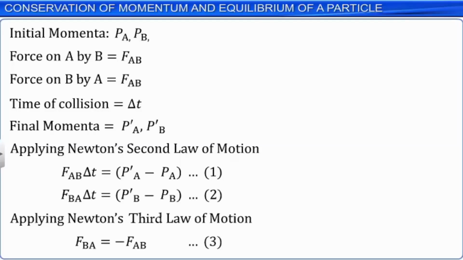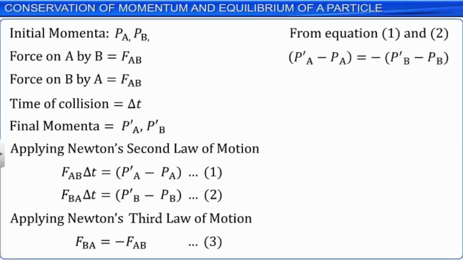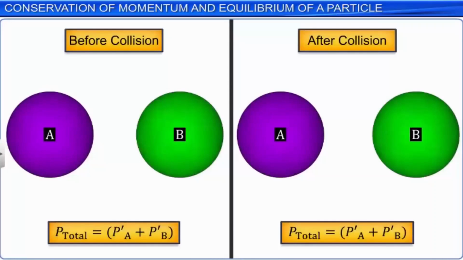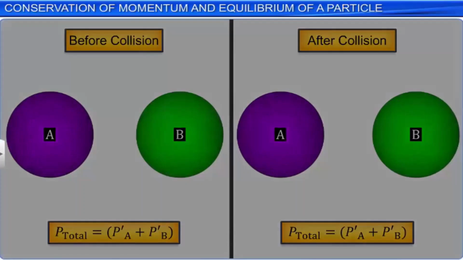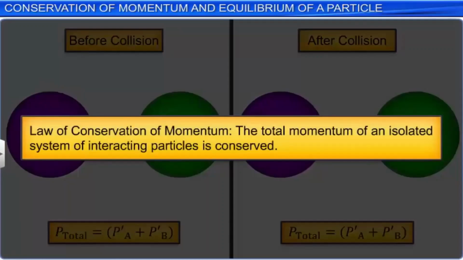Substituting the values from equations 1 and 2 in equation 3 and resolving, we get Pa plus Pb is equal to P dash A plus P dash B. This shows that the total momentum before the collision is equal to the total momentum after the collision. This proves that the law of conservation of momentum holds true for all isolated systems.